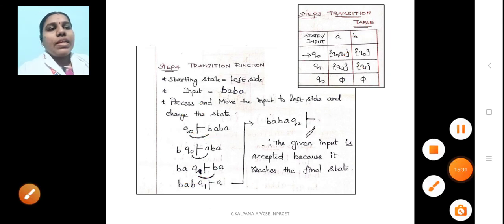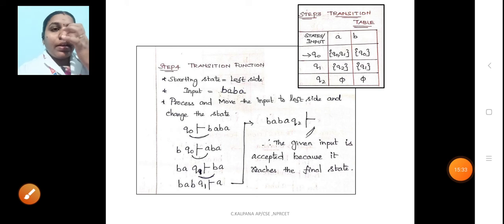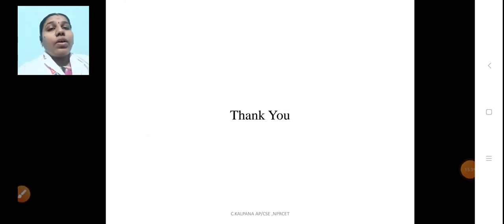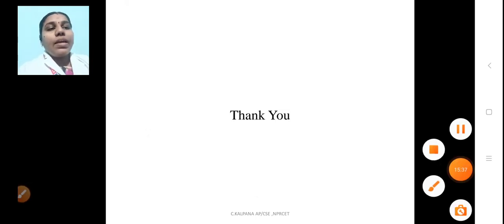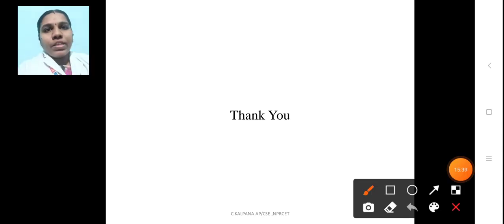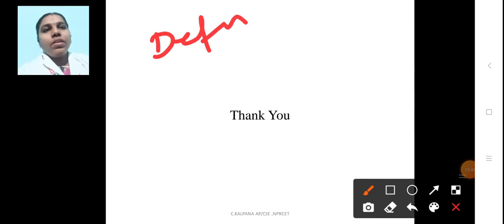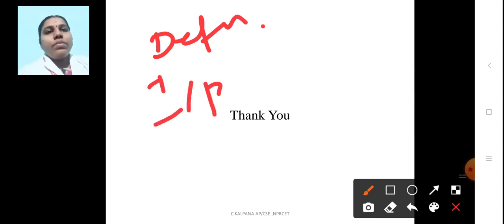So this is the example for DFA and NFA. Again I am recalling the problem with the definition. First, for each and every problem you have to represent the definition and write the input. The third step is to draw the transition diagram for the input.